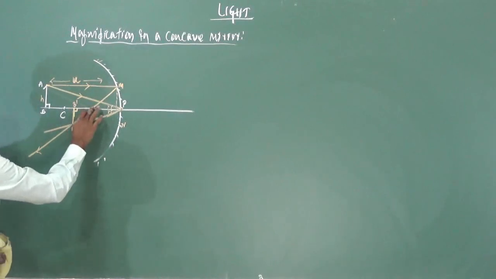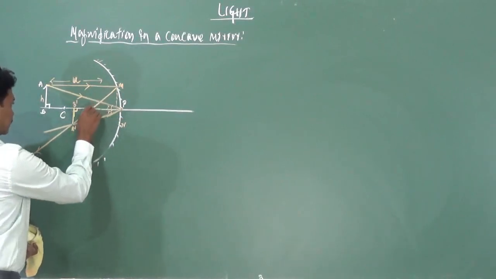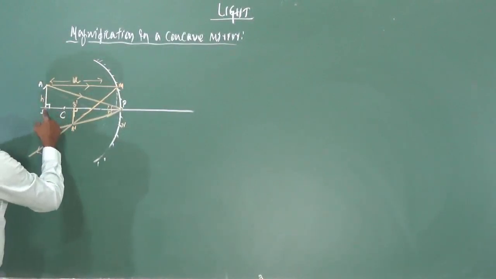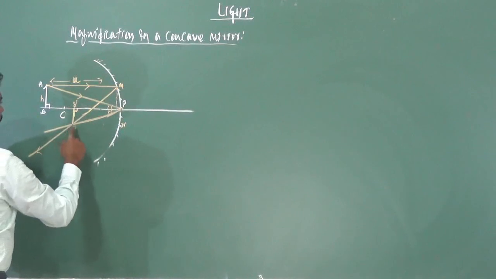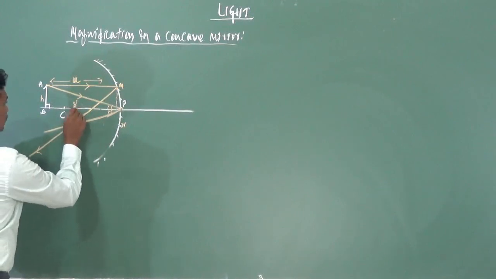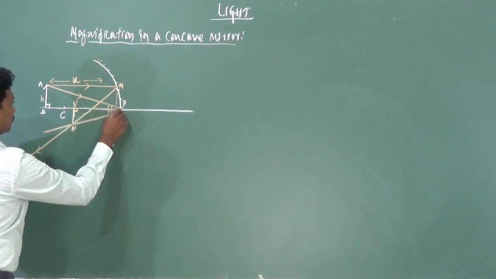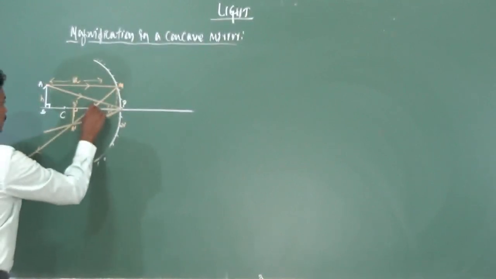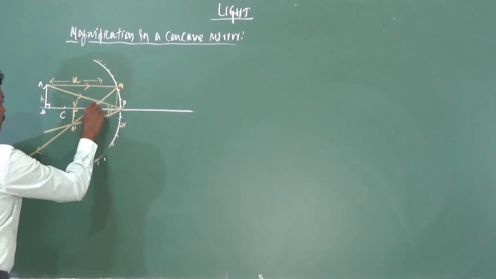Now let us take two triangles. In triangle AB, we will take this as V. This is the distance between the pole and the image, which is taken as V.